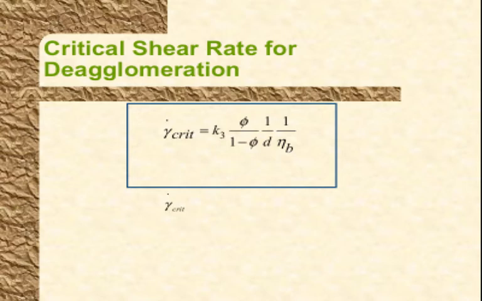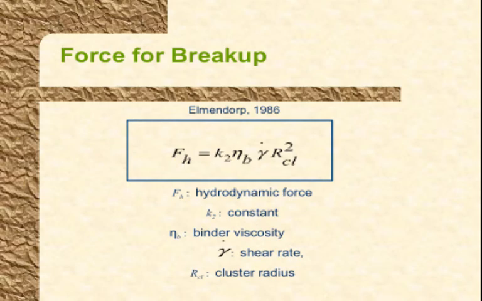And so now you get a relationship on particle effects, solid volume fraction effects, and viscosity and polymer effects. If the binder viscosity is higher, the force gets transmitted better. But the higher the viscosity, you need a higher shear rate, so they're interrelated.